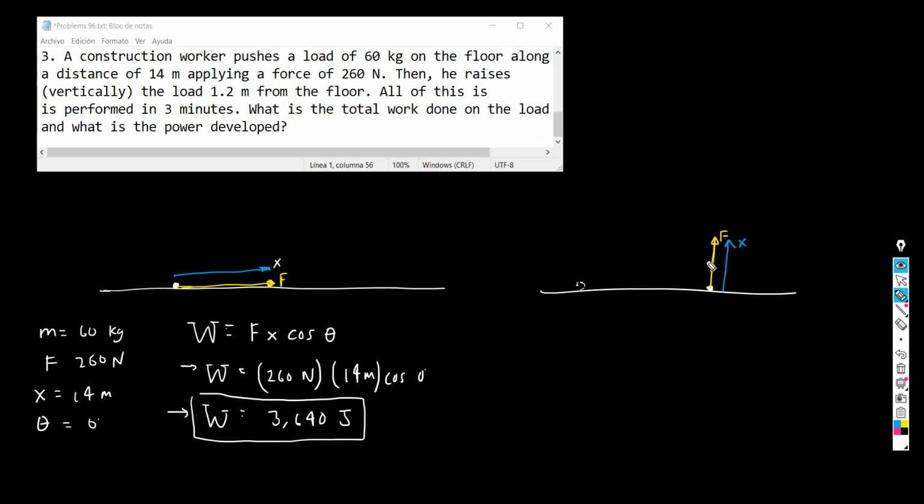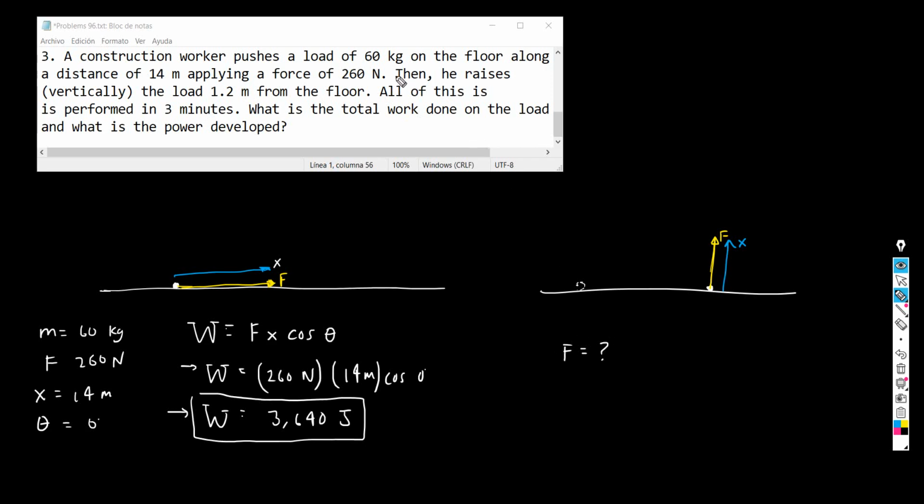And now let's find the force and the displacement for this part of the problem, because it's not gonna be the same as these two quantities. In this part of the problem, guys, you're not gonna be given the force, and I'm gonna tell you why.